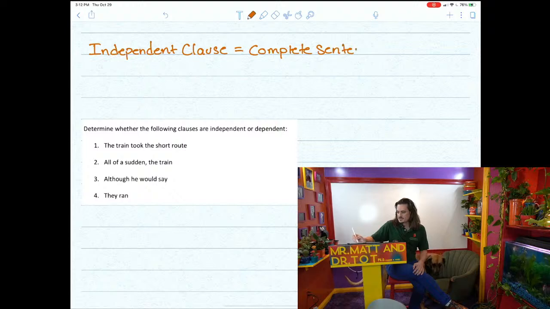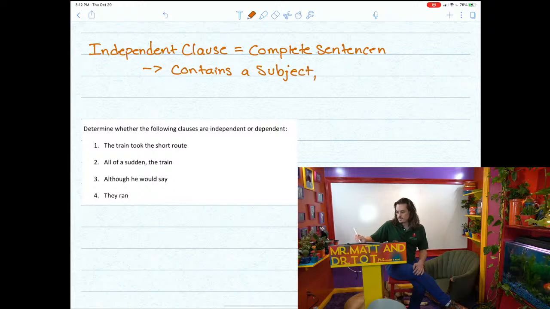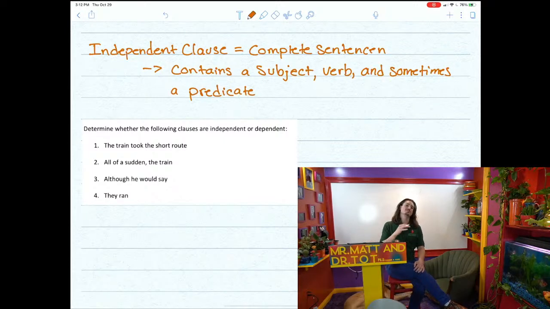And that's because an independent clause contains a subject, a verb, and sometimes a predicate. A predicate is just a fancy word for everything else in a sentence. The essential components of a complete sentence or an independent clause are that it has a subject-verb combination.